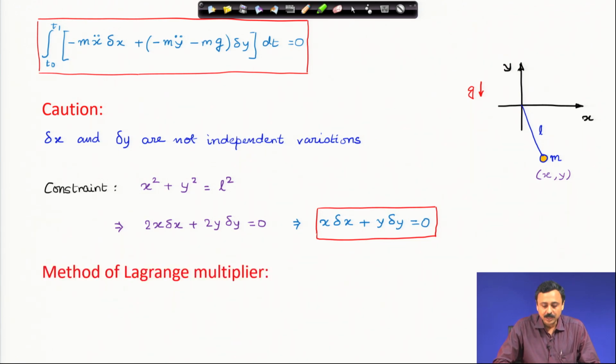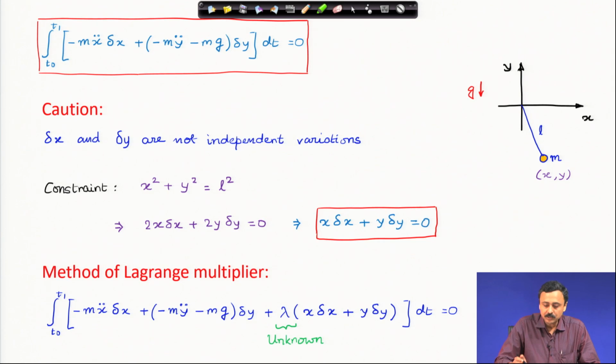We will introduce this Lagrange multiplier. Every constraint must have a corresponding Lagrange multiplier. We introduce this, we multiply the constraint with the Lagrange multiplier. This is an unknown as yet, and very soon we are going to determine that.